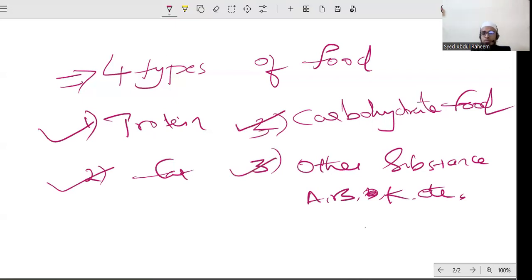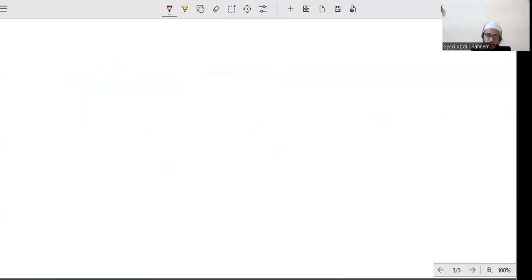These are the four types of food we eat and are required by the body.